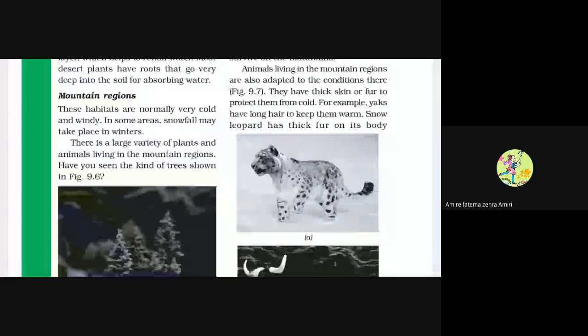Because of this adaptation, they are living in such a cold mountain region where snow is falling and a large amount of water is falling in rainfall. Because of their skin, they have adapted and can survive in this type of cold region.